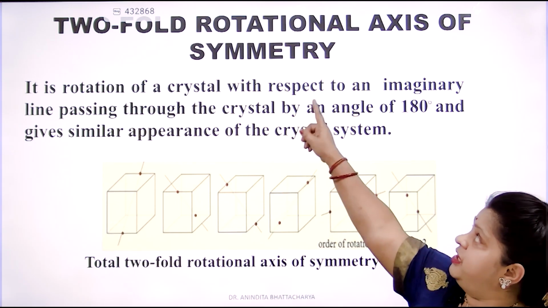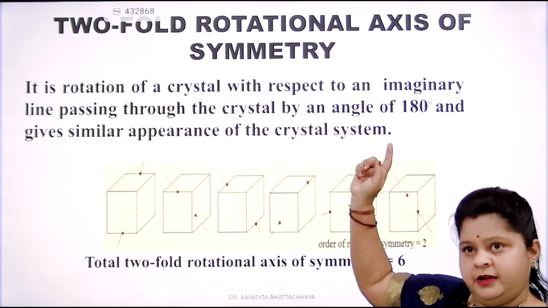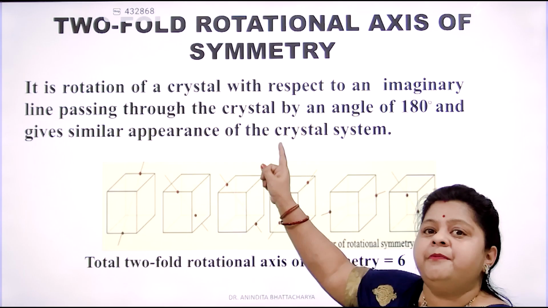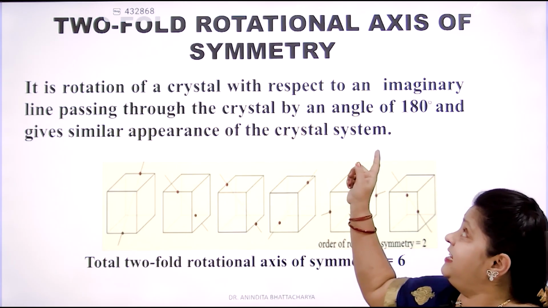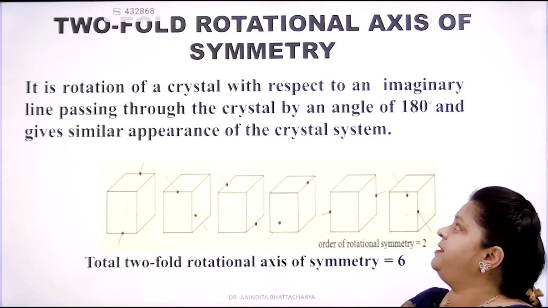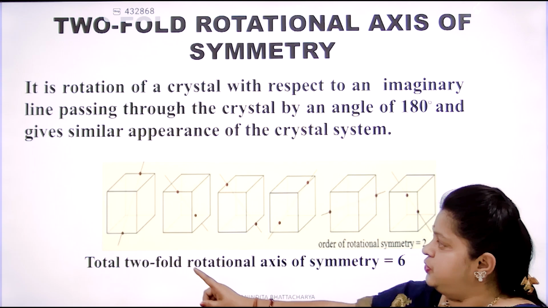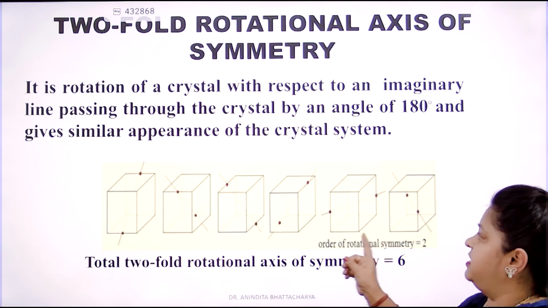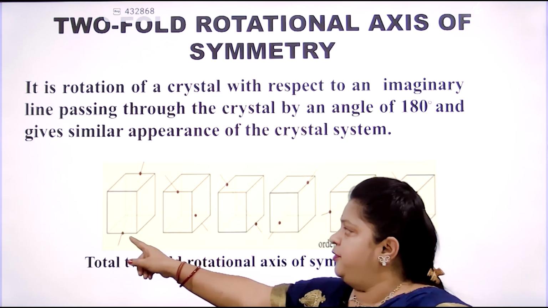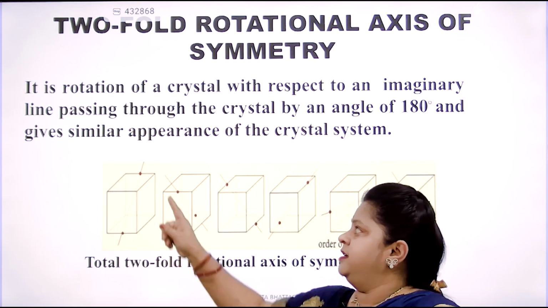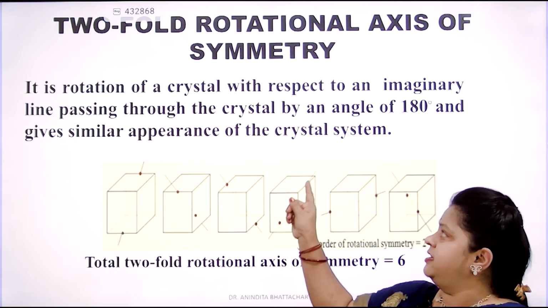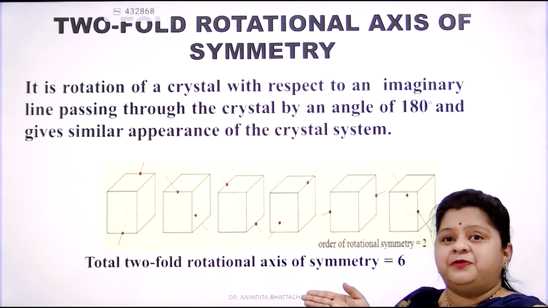If I go for the two-fold rotational axis of symmetry, it is rotated by 180 degrees, and it gives a similar appearance of the crystal. So you can see these many figures. In the cube we are doing this: one from this point to this point, then from this to this, all your opposite faces.